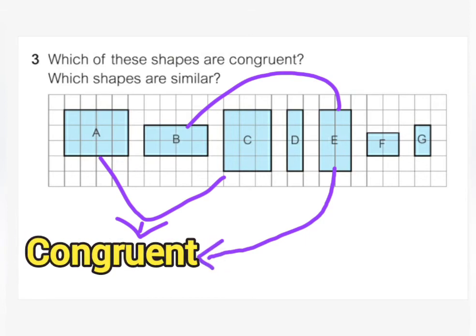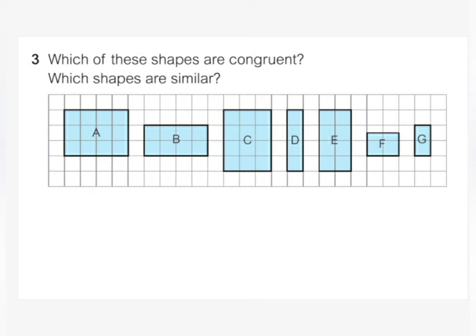Now, which ones are similar? And similar means what? As we said, similar means they are the same, but they're not identical. It means they have an enlargement relation between each other.